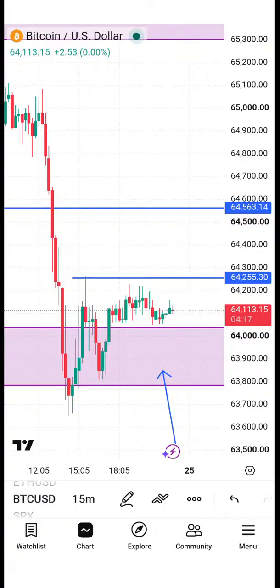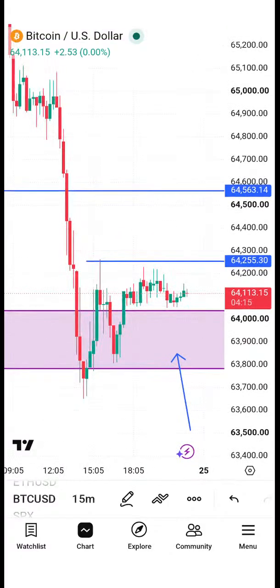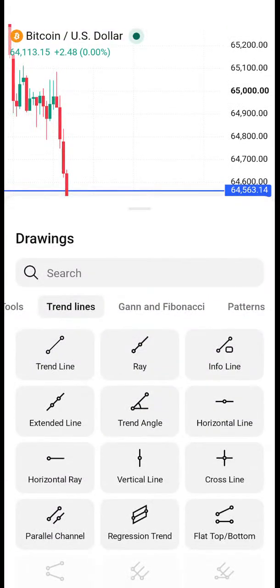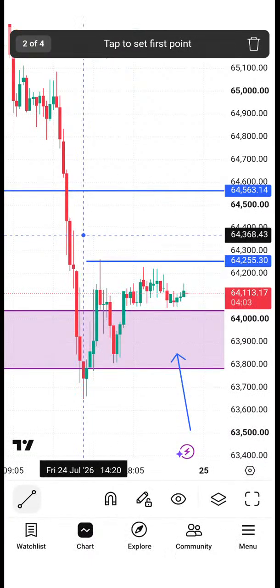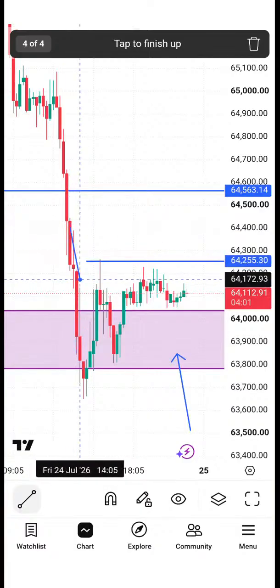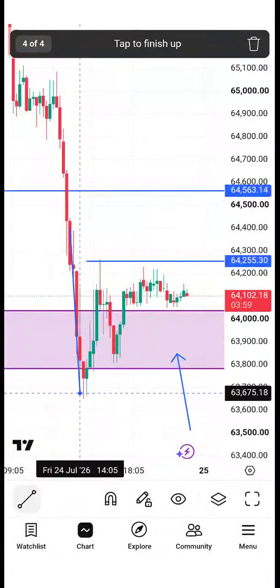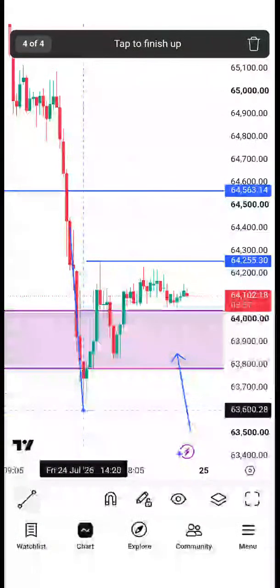Okay. So now, oh my God. Okay, guys, we are having a liquidity sweep here.